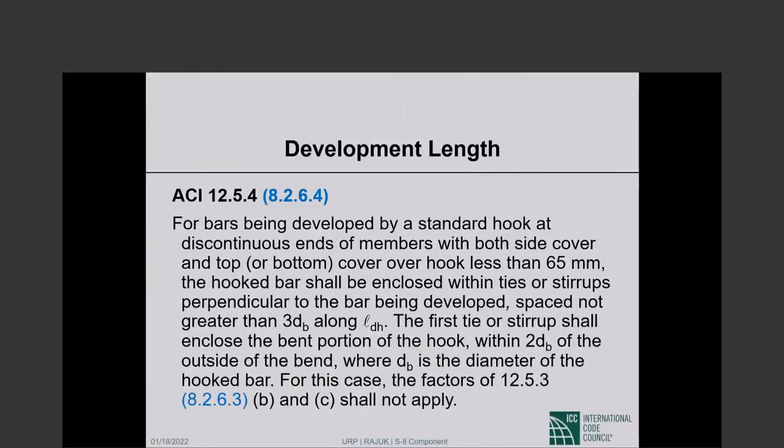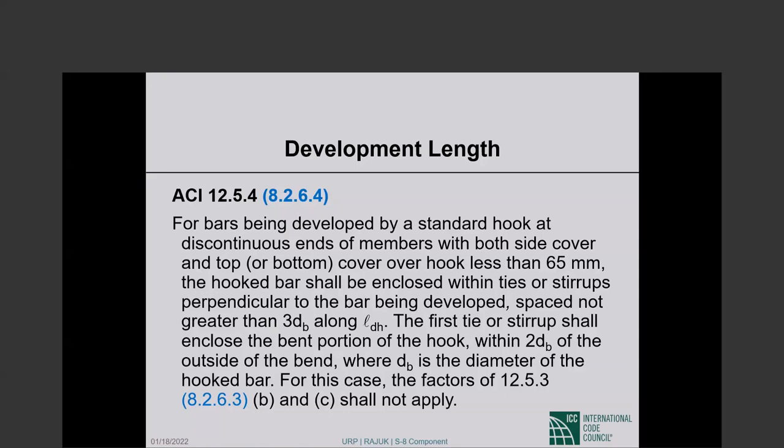So for bars being developed by a standard hook at discontinuous end of members with both side cover and top cover over hook less than 65 millimeters, the hooked bar shall be enclosed within ties or stirrups perpendicular to the bar being developed, spaced not greater than 3 bar diameters along the hooked bar development length.